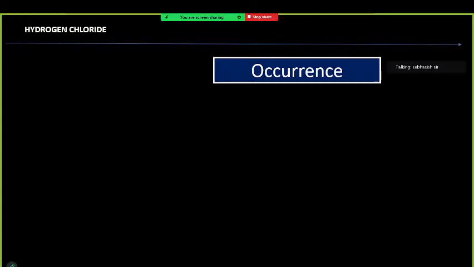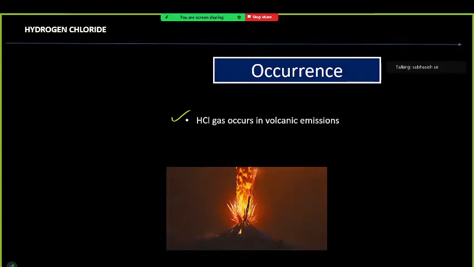Now, the occurrence of hydrogen chloride. Hydrogen chloride gas generally occurs in volcanic emission. This is a volcanic emission, where a large amount of gases and some liquid material called lava are produced, and the gases generally contain sulfur dioxide and also some amount of hydrogen chloride gas.